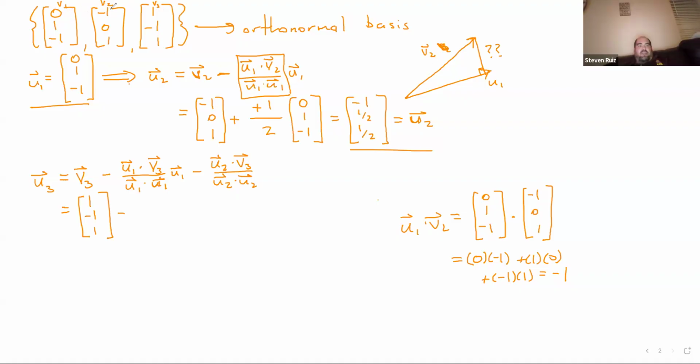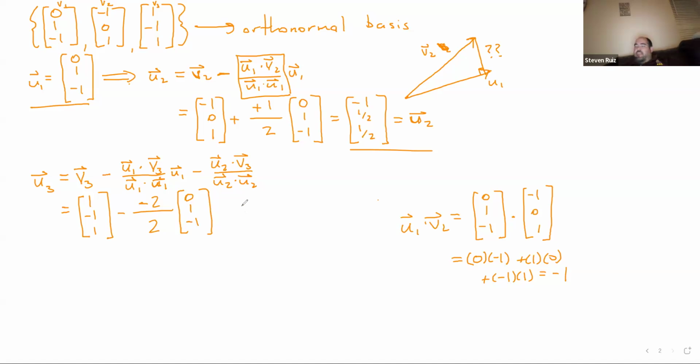So this dot product will be 0 times 1 plus 1 times -1 plus -1 times 1. So -2 over U1.U1, which we did a while ago, and that was 1. Or no, it was 2. I'm sorry, it was 2. So -2 over 2. So that's the ratio I want, multiplied by U1, which is 0, 1, -1.